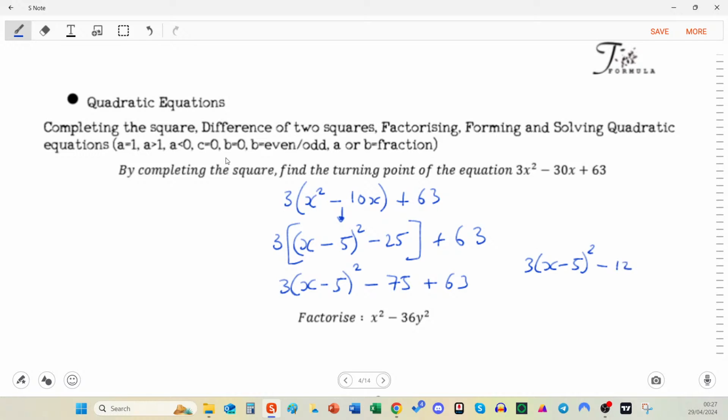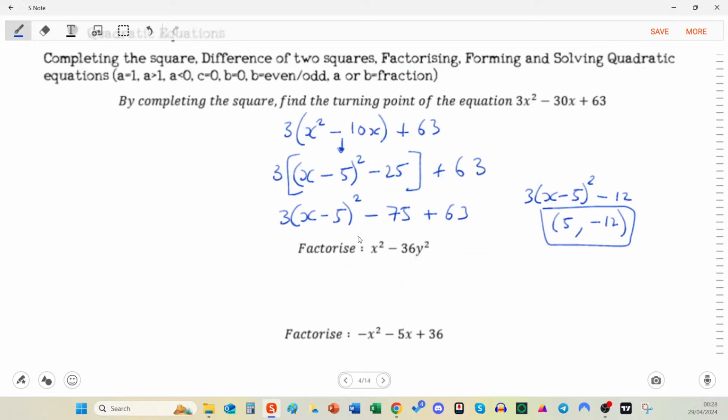This is the completed square form, and to read it, we look in the bracket for the x term and the number on the outside for the y coordinate. So the coordinate, the turning point here, is the opposite inside the bracket, and the exact same sign on the outside for the y. So there's the coordinate of the turning point. 3 doesn't affect it. I know a lot of people think it does, but it doesn't. Best to prove with transformations.